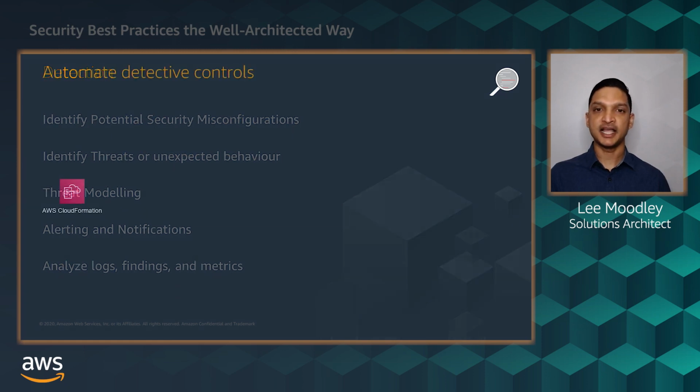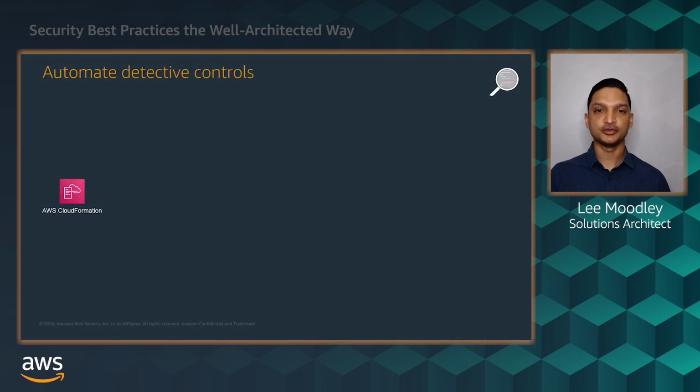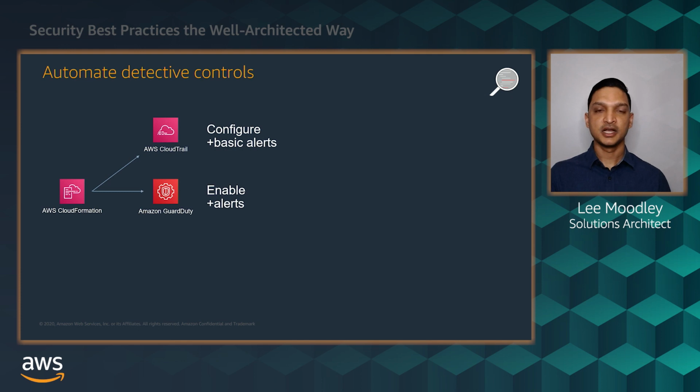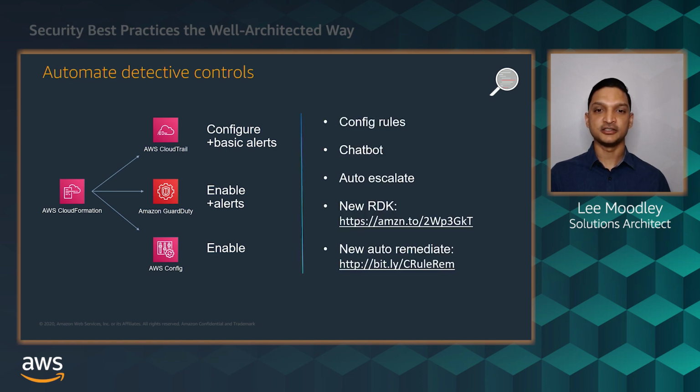Earlier in my architecture, I enabled some management tools. I'm now going to use those to automatically enable detective controls on my environment, starting with CloudTrail and some basic alerts that I would want insights into my environment, GuardDuty, and more detailed alerts of findings within my environment, and then AWS Config that allows me to see a change history of all my resources on a timeline, as well as the ability to get notifications and react to those changes.